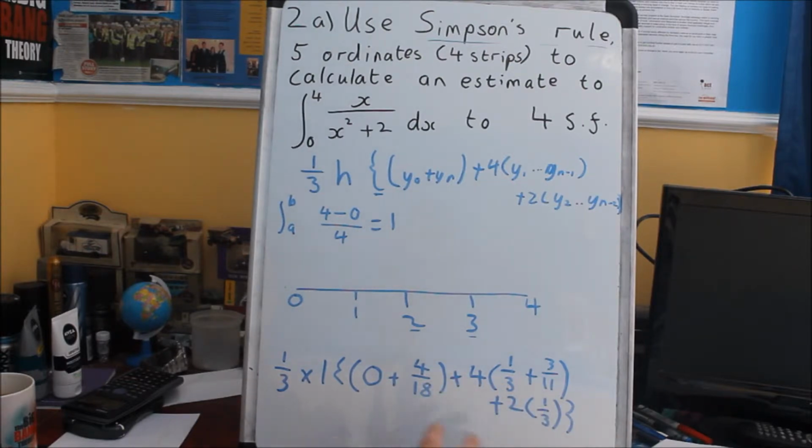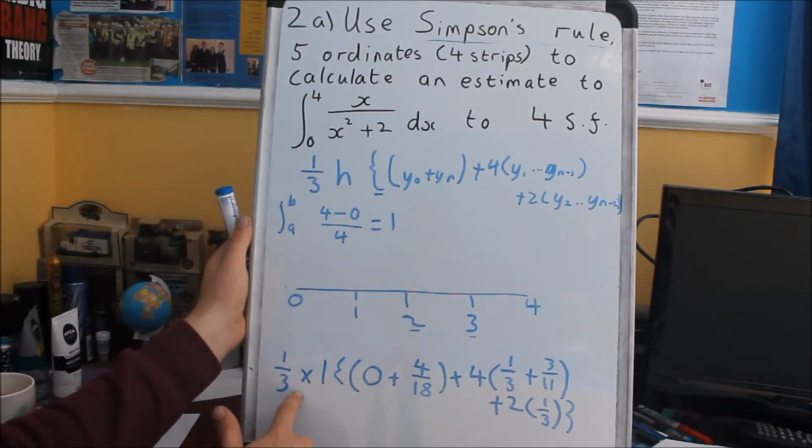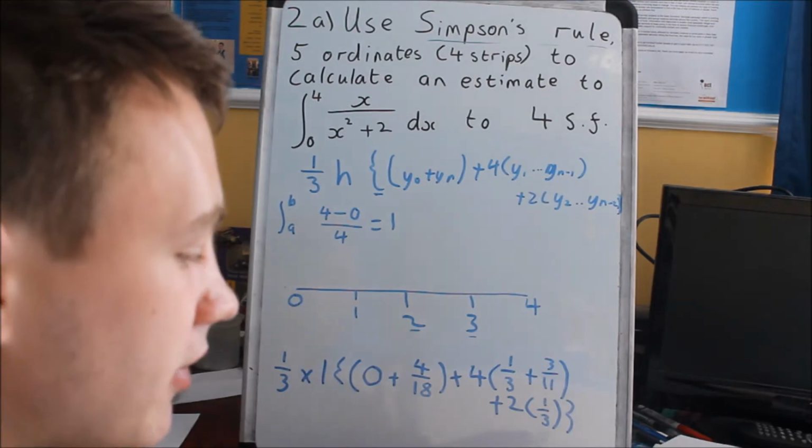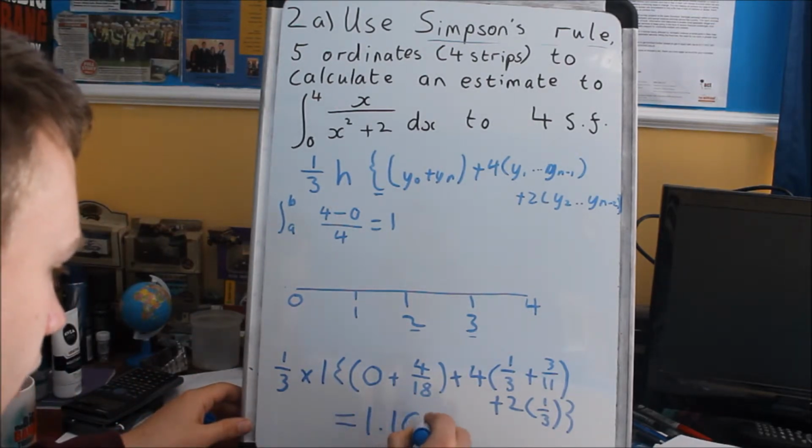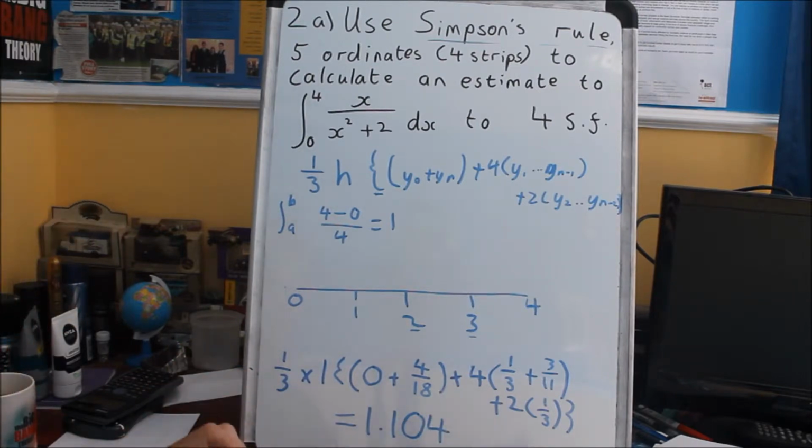There's always some people who are going to type it in wrong and then not double check. I would advise you type it into the calculator twice and check you get the same answer twice. But some people actually didn't do the brackets right, and so they ended up timesing this third times 1 by only the first bracket, and that isn't right. You've got to times it by all of it. And you type that into your calculator, you get 1.104.